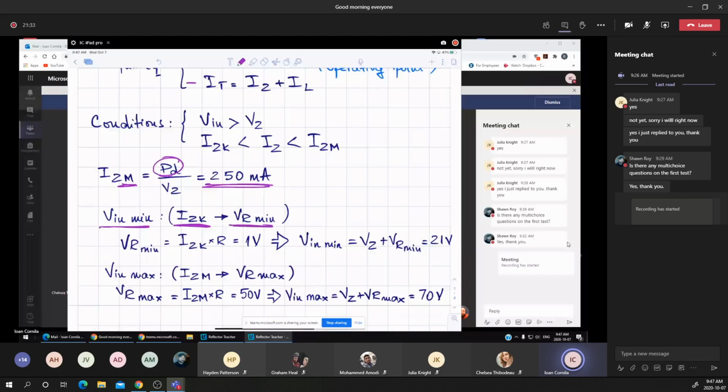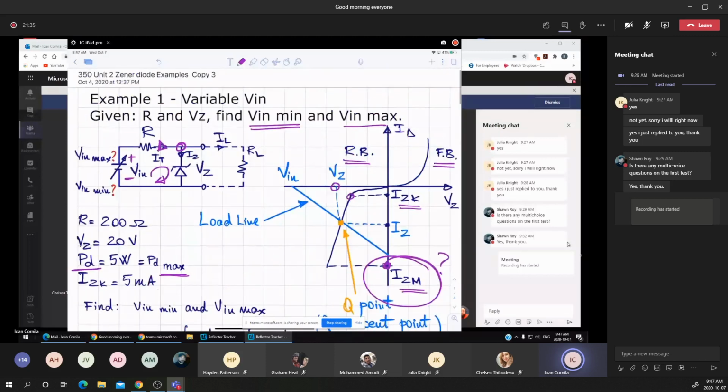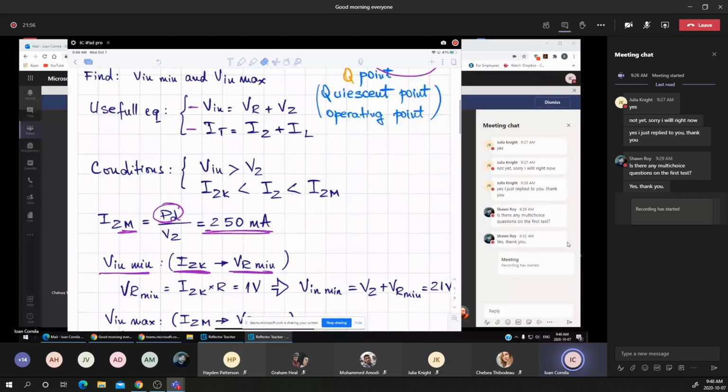Again, for the first diagram, I may delete the R_L here. You notice that the current that flows through the resistance R is the same as the current that flows through the Zener diode. Meaning I'm using the minimum current, which is one of the two conditions.